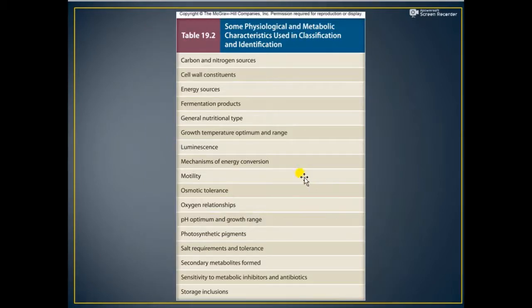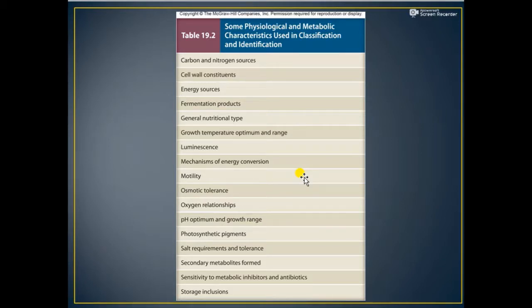Then the physiological and metabolic characteristics. As I told you, sometimes the oxygen variation could be a characteristic. Then the carbon and nitrogen sources which it can use. Some bacteria can use some carbon sources, some can use others. Then the cell wall constituents, the energy sources, the fermentation products, the general nutritional type, the temperature optimum and its range.